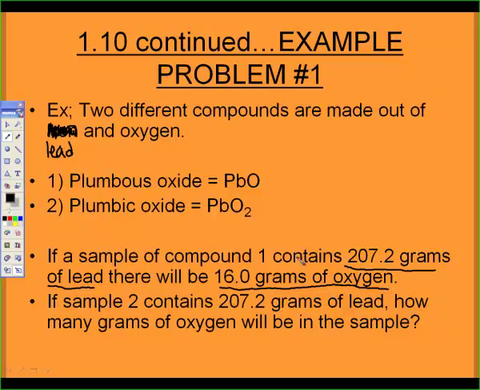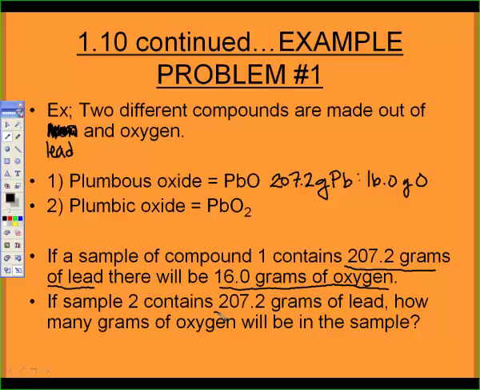Fabulous. Let's write that down. So here's compound 1. I'm going to write it as a ratio: 207.2 grams of Pb for every 16.0 grams of oxygen. So if I have 207.2 grams of this, I should have 16 grams of this.